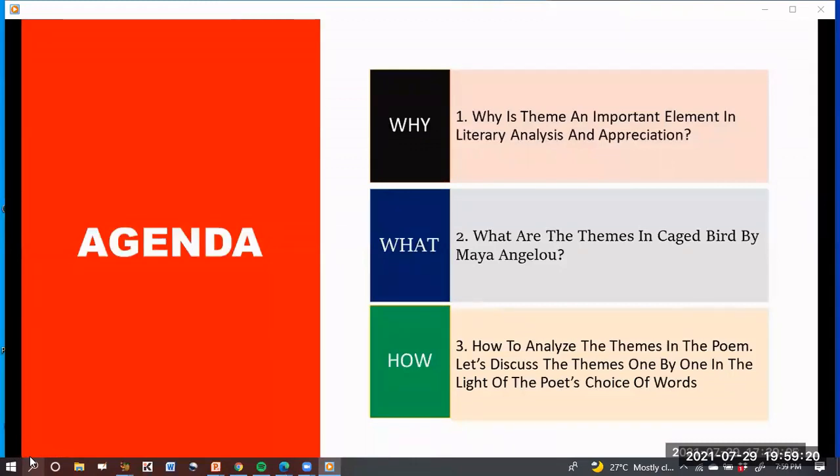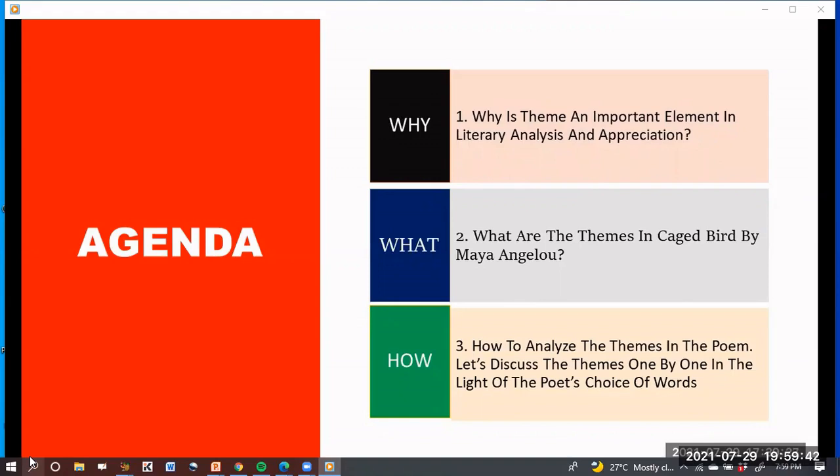First, let's have a quick look at the 3-point agenda: why, what, and how. Number one, why is theme an important element in literary analysis and appreciation? Two, what are the themes in Caged Bird by Maya Angelou?